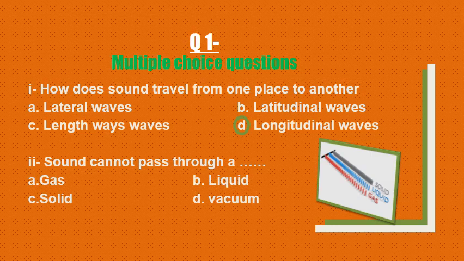C, solid. D, vacuum. Now again you will take a pause and think about the answer, and if you have watched previous video lessons keenly and read all the concepts from the book, the answer will come to your mind at once. Yes, exactly, it's D. Sound cannot pass through a vacuum.